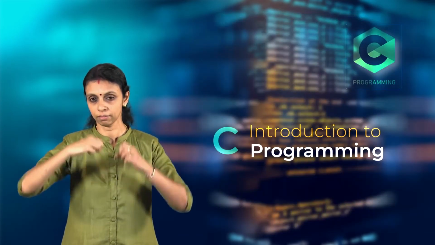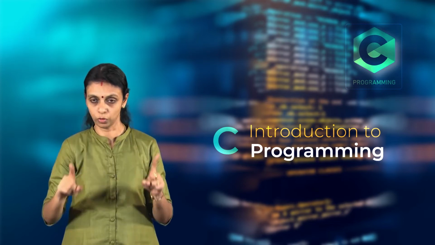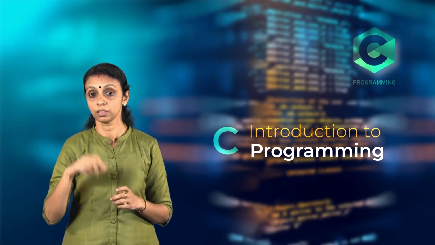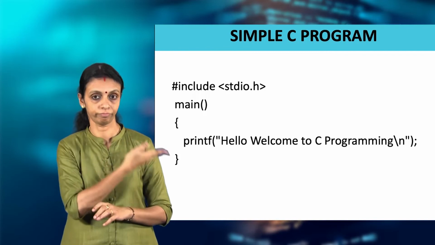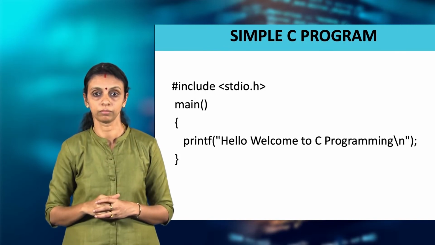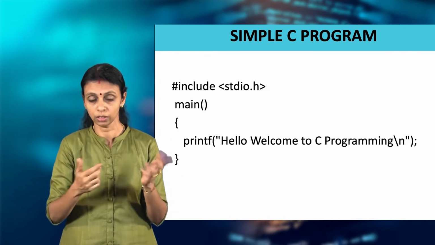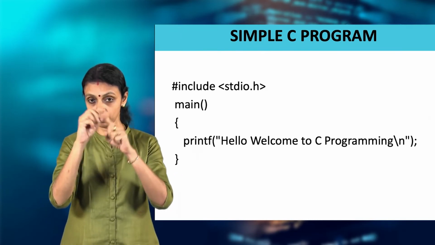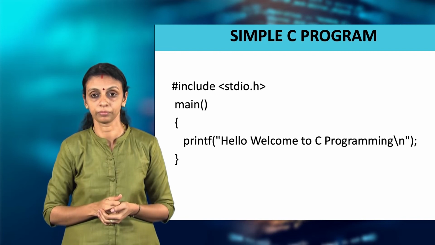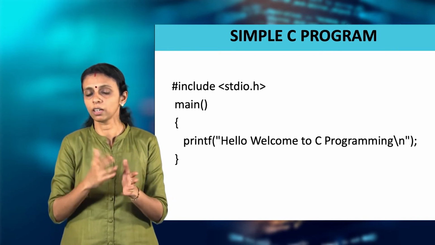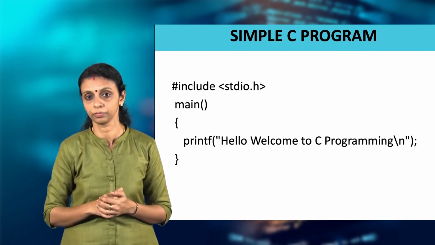Basic structure of C program. Now, let us consider a small C program. This program prints the message, "Hello, welcome to C programming." Let us consider each statement on program one by one.